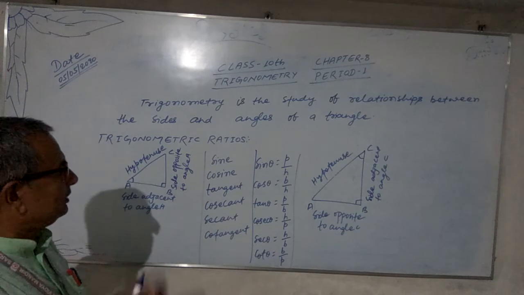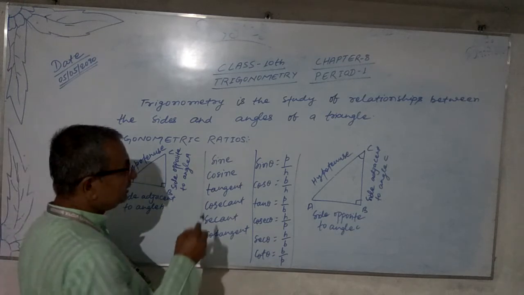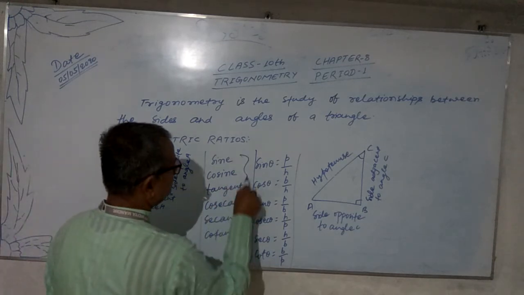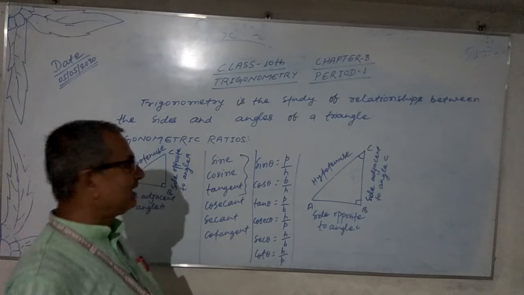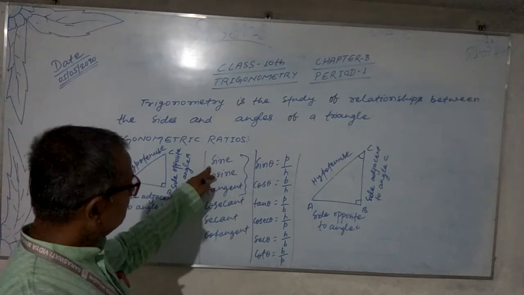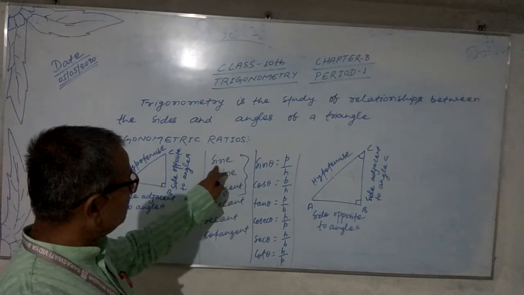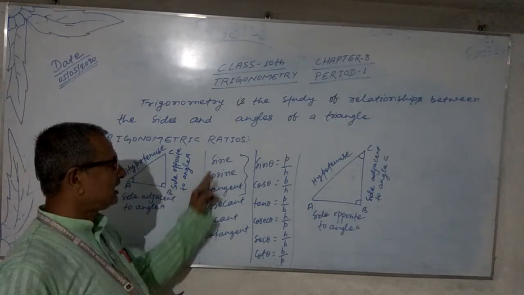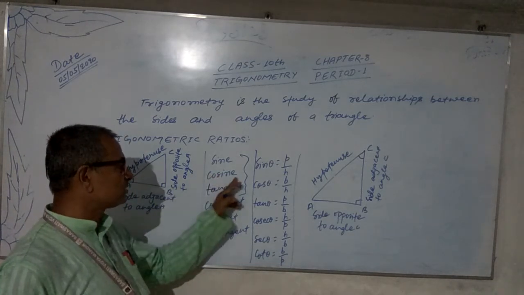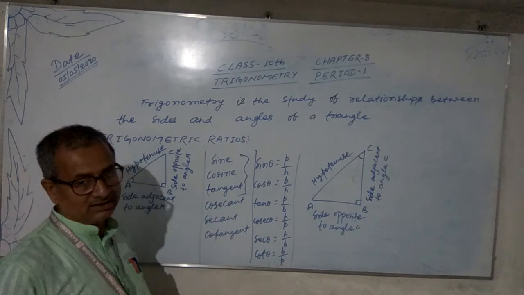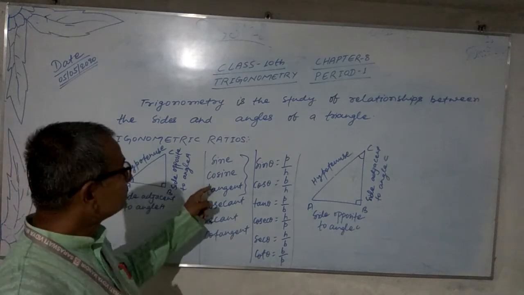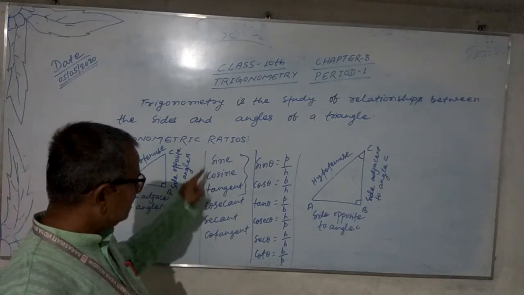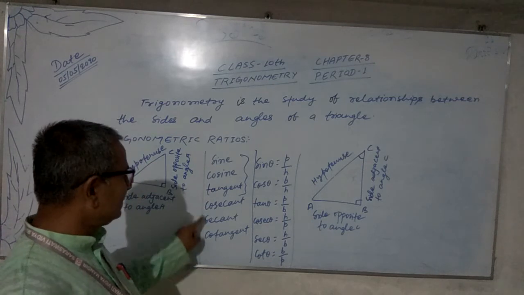There are three fundamental trigonometrical ratios. They are sine, cosine, and tangent. These three have derivatives.